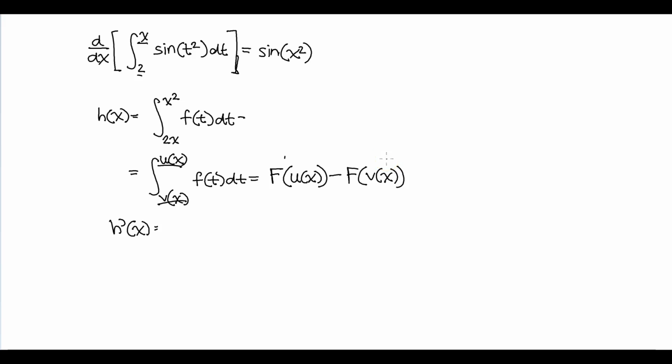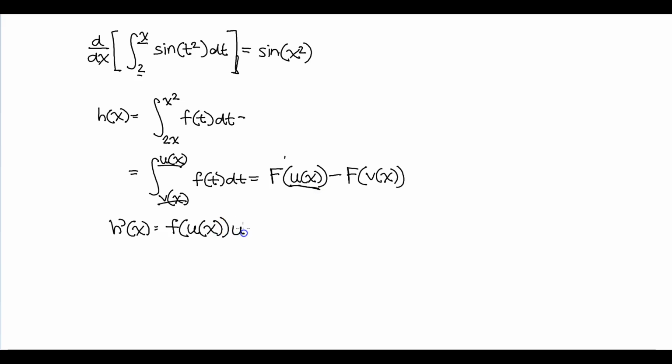Now, if we take the derivative of that, the derivative of an antiderivative will just be the original function. However, you have a function of x inside of here, so what makes sense is to use the chain rule. If we take the derivative with respect to the inner function, we get the original function evaluated at the inner function, small f of u of x, but you have to take the derivative of the inside function with respect to x as well.